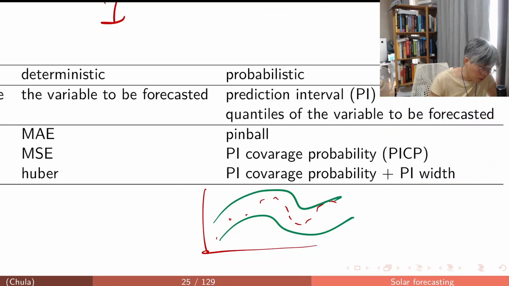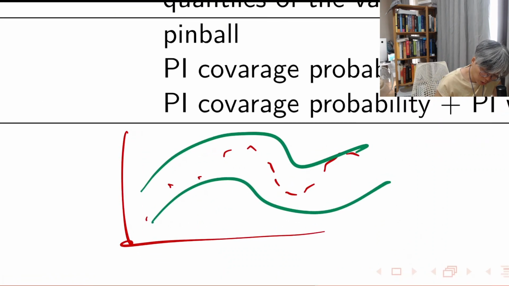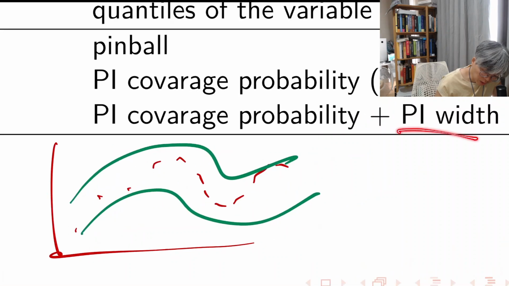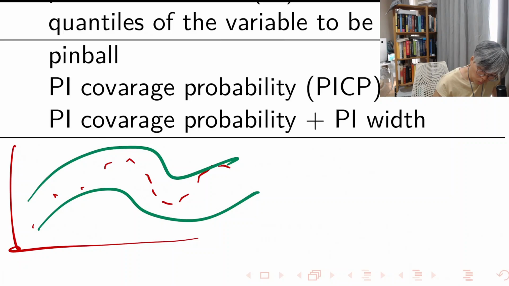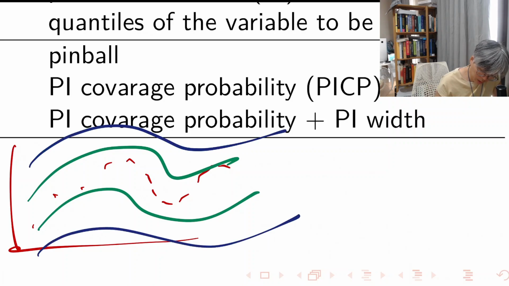Another aspect of a good quality PI is the width. The width is basically the upper bound minus the lower bound. You need the PI width to be small, because the coverage probability alone is not the only metric you should be concerned with. So you have a green PI and a blue PI.